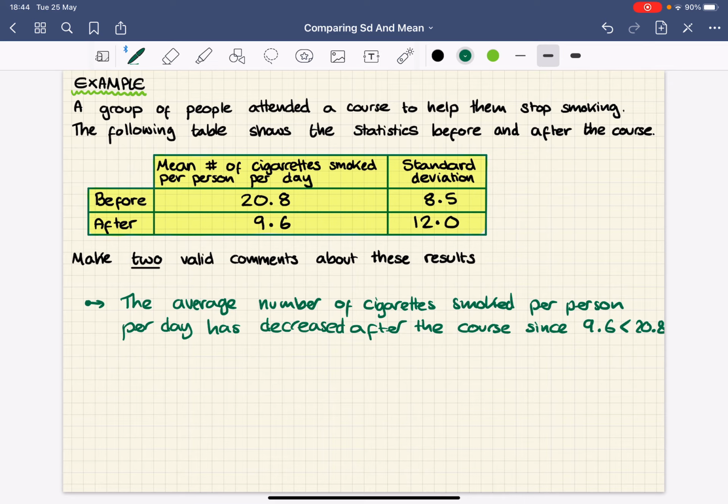than that 20.8. So then comparing my standard deviation, so this time, actually after it's increased, so that means it's going to be less consistent now.